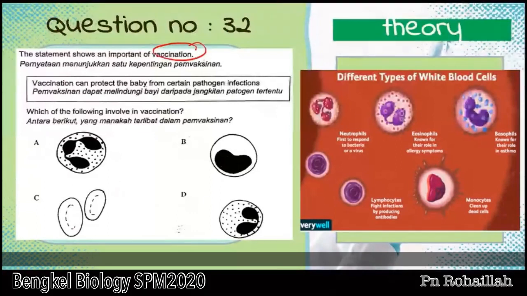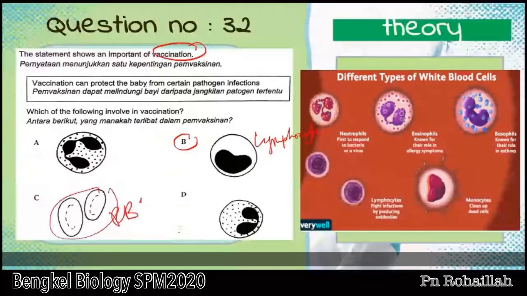Is it neutrophil? Is it eosinophil? Okay, so the answer is B, which is lymphocyte. This is a red blood cell lah, salah lah.